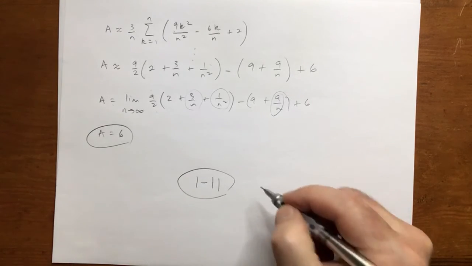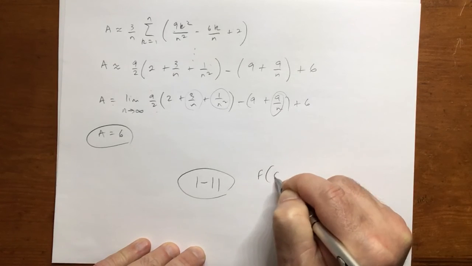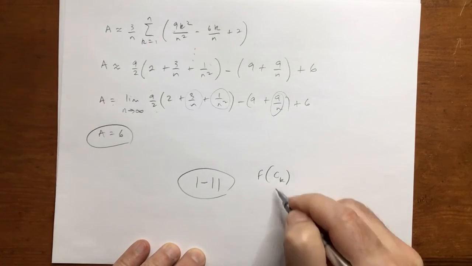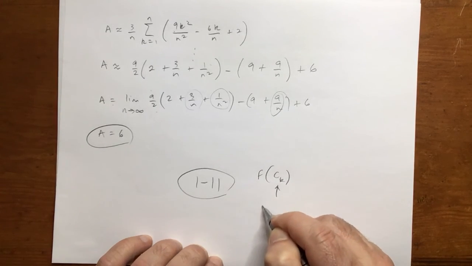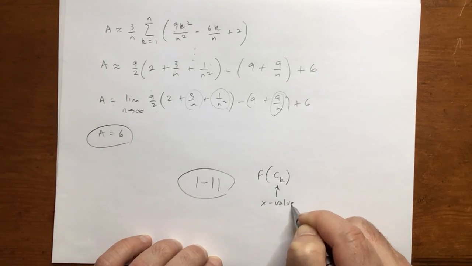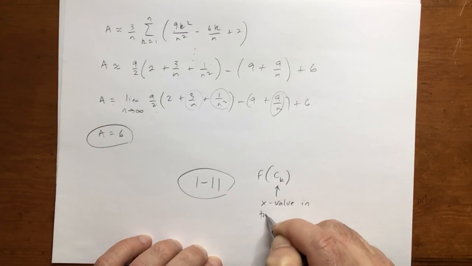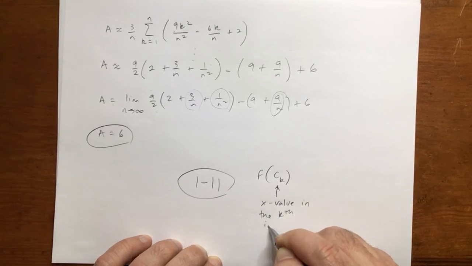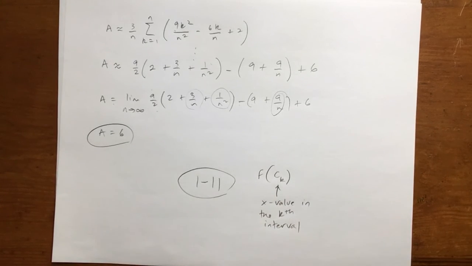Yeah, if they say f of ck, this is just the x value you're using in the kth interval. And let me see. I think the rest of it you can probably read.